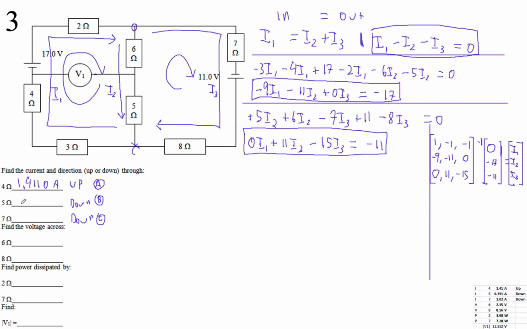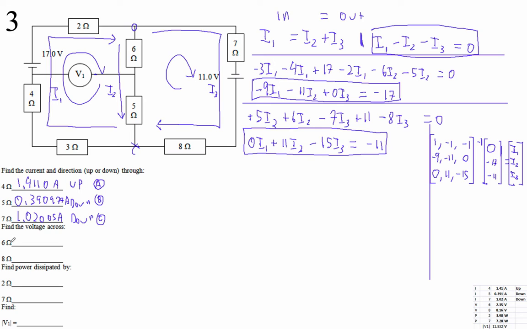This guy is 0.390977 amps. And then this guy is 1.02005 amps. Okay, so this is I1, I2, I3.